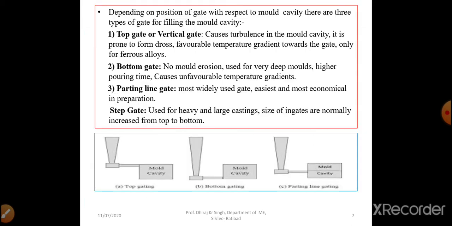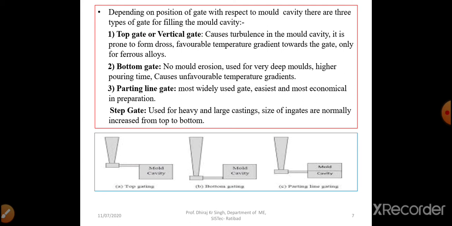Now how do we pour the molten metal into the mold cavity? For this we have a gating system. Depending on the position of the gate with respect to the mold cavity, there are three types of gate for filling the mold cavity. First is the top gate. We can see in this diagram that molten metal is coming at the top of the mold cavity.